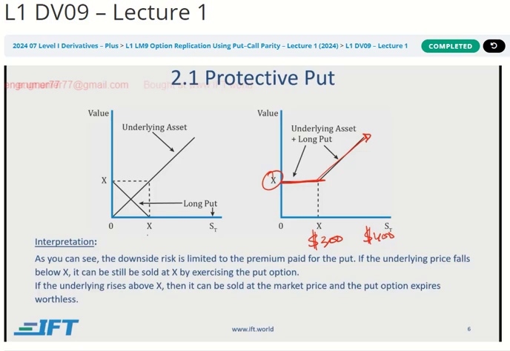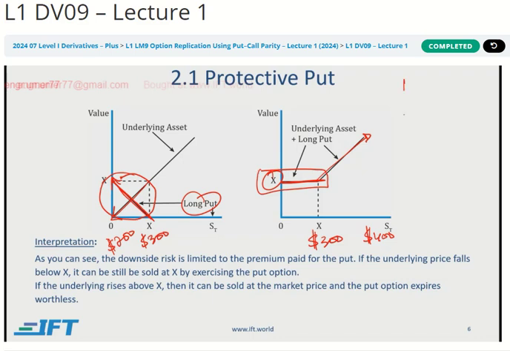Obviously your shares will be going down. So if the stock price of Apple goes down to 200, you will make a loss on your shares. But since you've got this put option, it will start going up in value when the share price goes down, and these two will cancel each other out, and that is why you have this net effect which is flat, right?